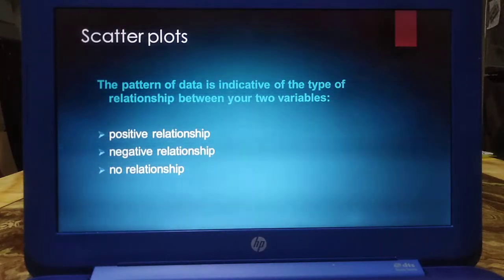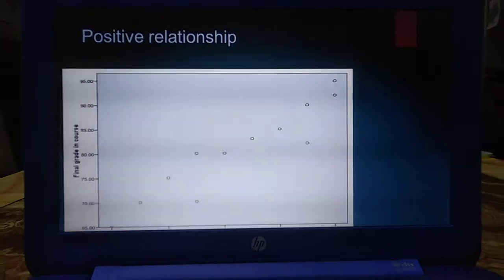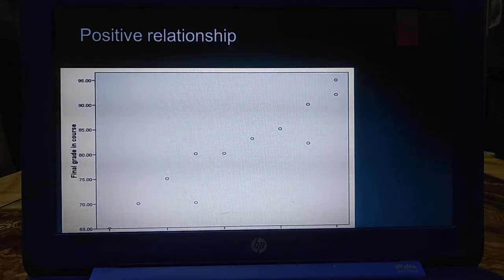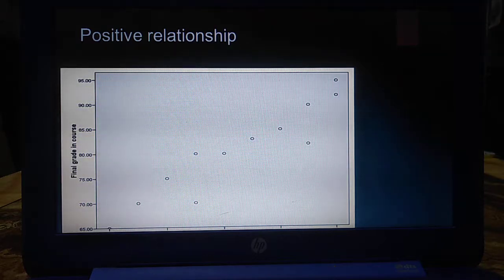In a scatter plot, the pattern of data is indicative of the type of relationship between your two variables. They may either have a positive relationship, a negative relationship, or no relationship at all. This is an example of a scatter plot with a positive relationship. You're going to notice that as the variable on the horizontal line goes up, the value of your grade in course on the vertical line also goes up.